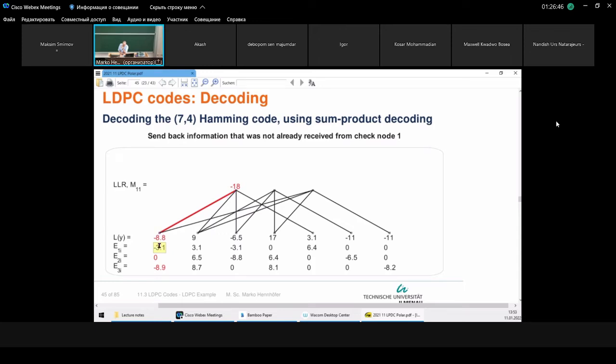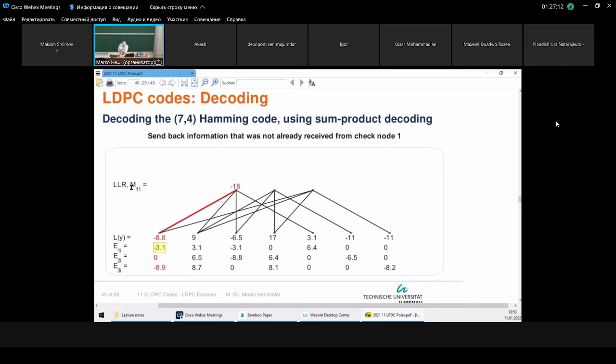The reason is that we want to use independent information during our iterations. If we transmitted this 3.1 back up to check node 1, we would basically reuse this information, because in the iteration before, check node 1 just sent us this value.